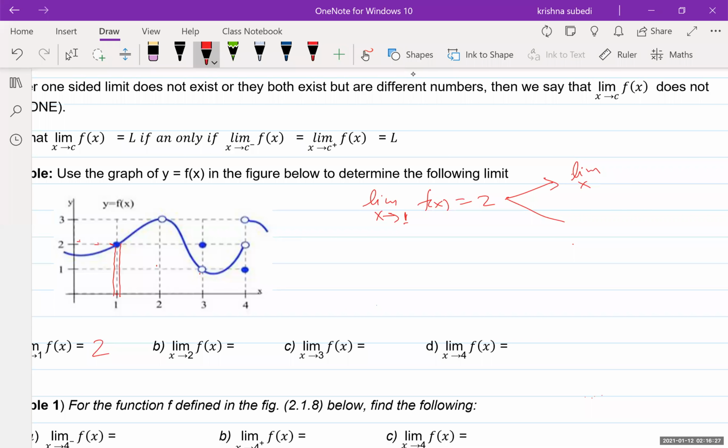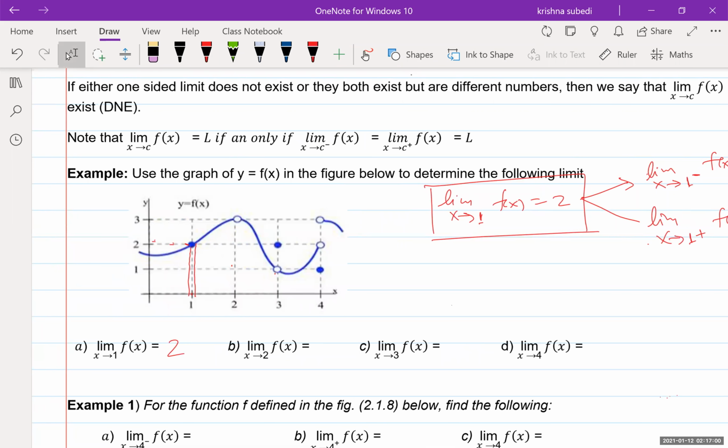Limit x tends to 1 minus of f of x equals 2, if you look at the approximate y value when x is a little bit less than 1, still 2, and limit x tends to 1 plus of f of x equals 2. Because these two values are equal, we say that the limit exists and the limit is 2. This is what we discussed in our last class. Now let's look at 2 quickly. Can you tell me what the answer is for that?